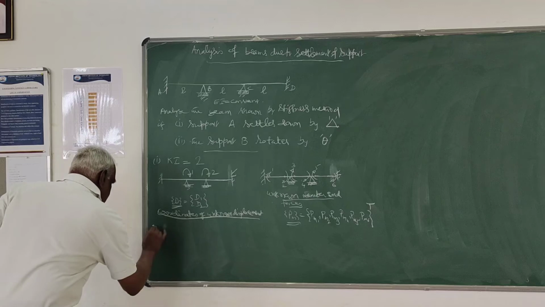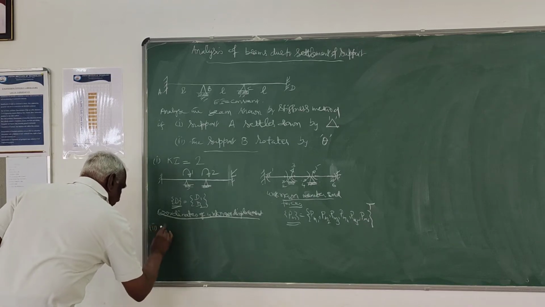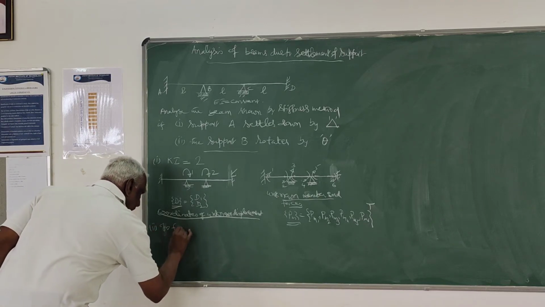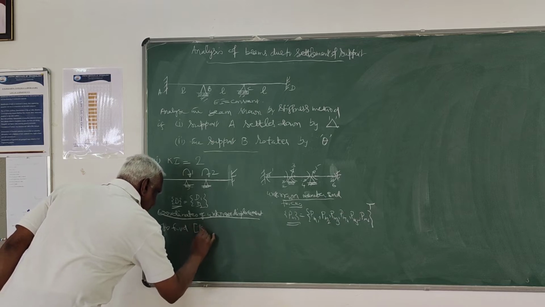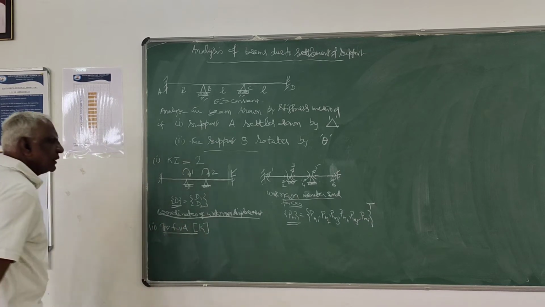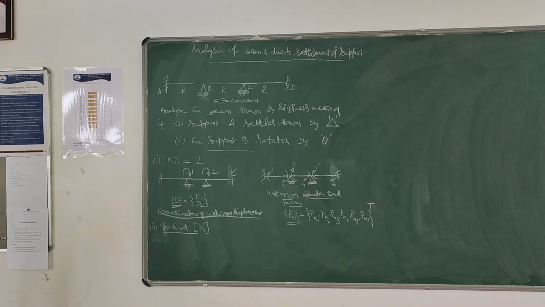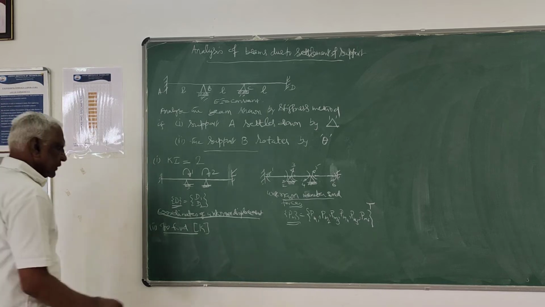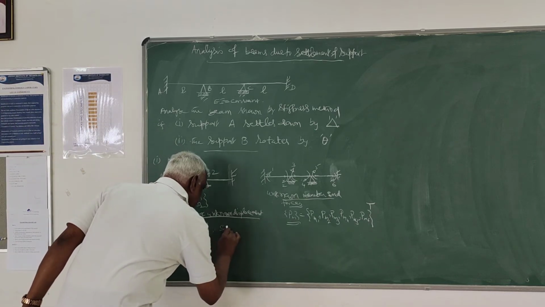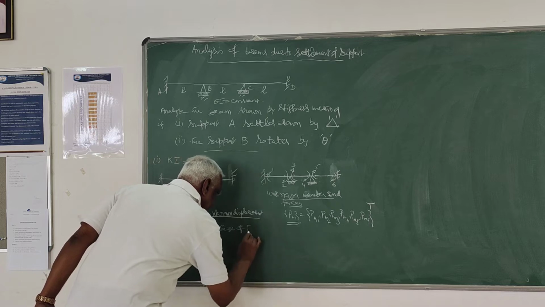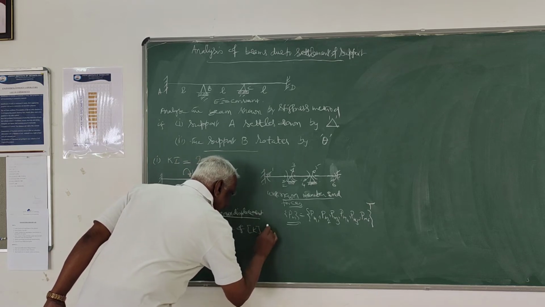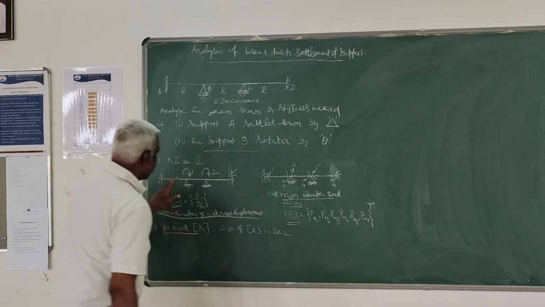So next, the second step straight away I will do, that is to find the stiffness matrix. That's your second step. You have to find the stiffness matrix. So the size of the stiffness matrix is equal to kinematic indeterminacy.